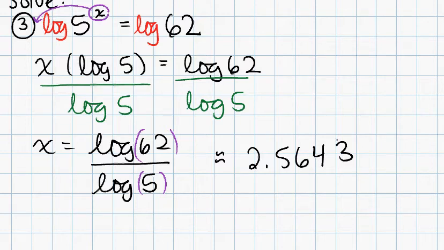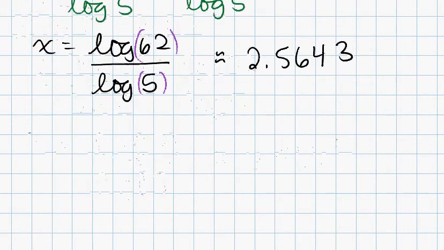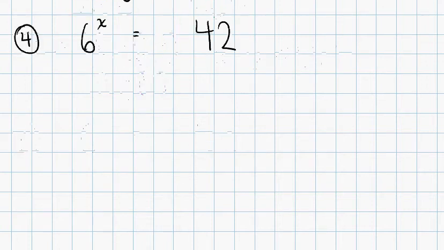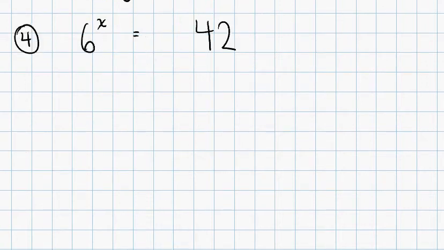All right, let's try it again. 6 to the x equals 42. So rewriting this again doesn't help us. 6 and 42 really have nothing too much in common. So we are going to take the log of both sides and use the power property to move the x to the front.